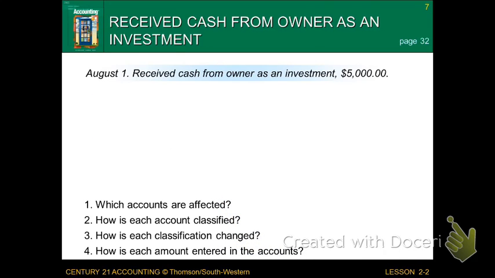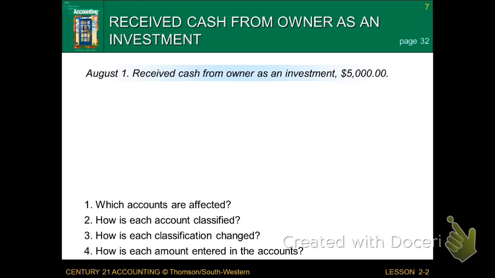So let's go with our first example today. On August the 1st, we received cash from the owner as an investment for $5,000. We've seen this before in Chapter 1. So let's think about what two accounts are affected. Cash and capital. When cash increases, which is an asset, we know assets increase as debits. Capital increases as a credit.